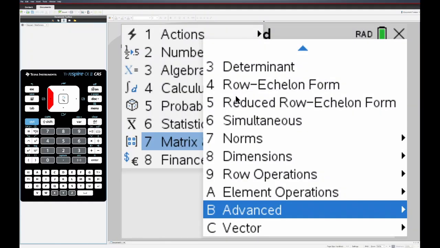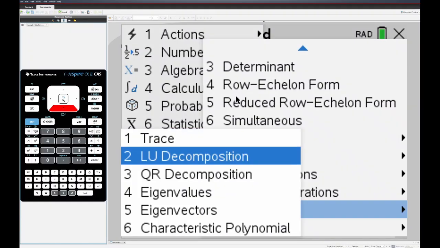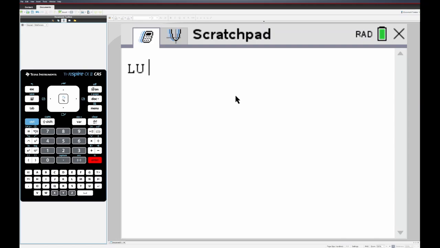All right, so advanced, LU decomposition. How does that work then? I thought that was going to give me parentheses. Is it just this then? Enter the matrix.